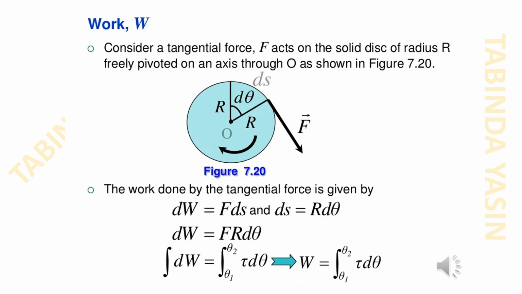Integrating both sides, you get integral dW is equal to integral from theta 1 to theta 2. RF means torque, so we replace RF with tau, that is tau d theta, that gives W is equal to integral from theta 1 to theta 2 tau d theta.